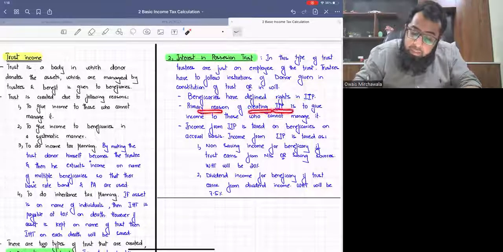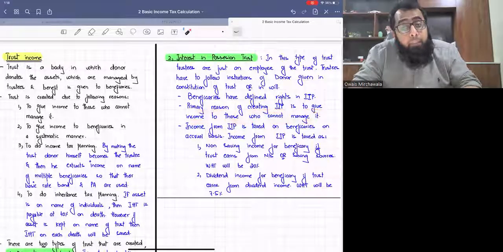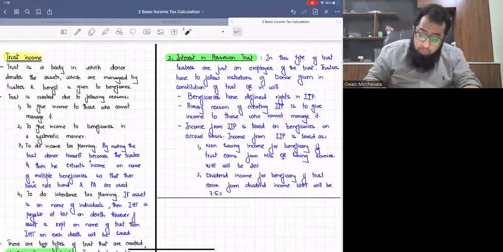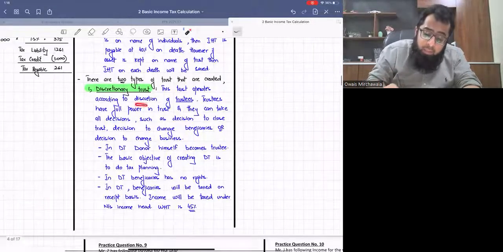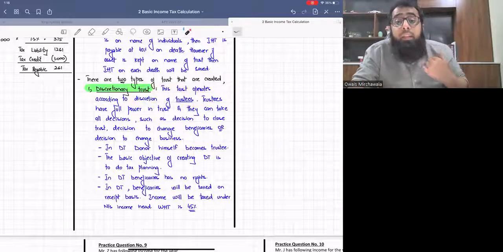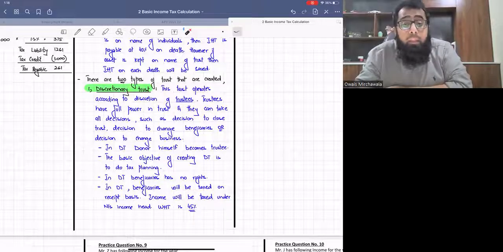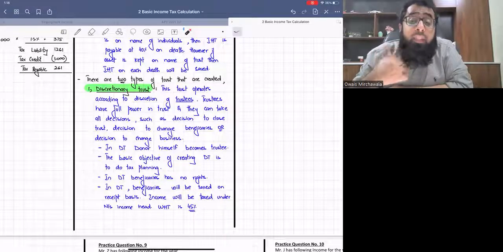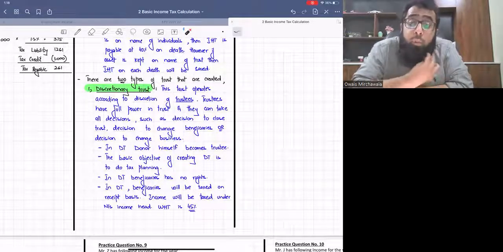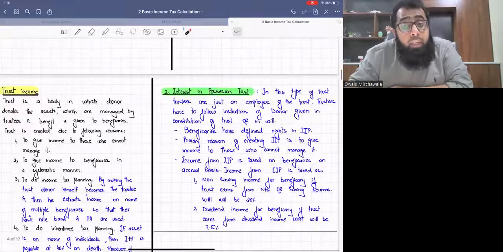The primary reason for creating an IIP is to give income to those who cannot manage it. Now, what was discretionary trust? It operated according to the discretion of trustees. The trustees used to change things to do tax planning. But in interest in possession, this cannot be done.